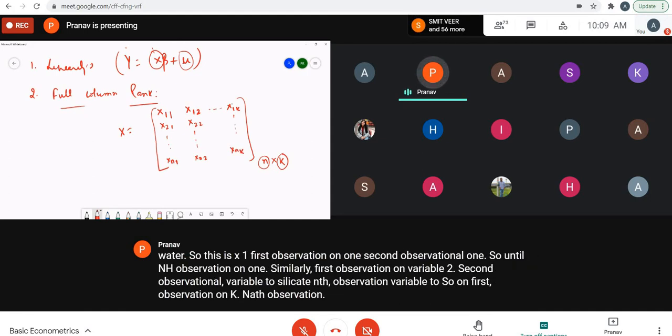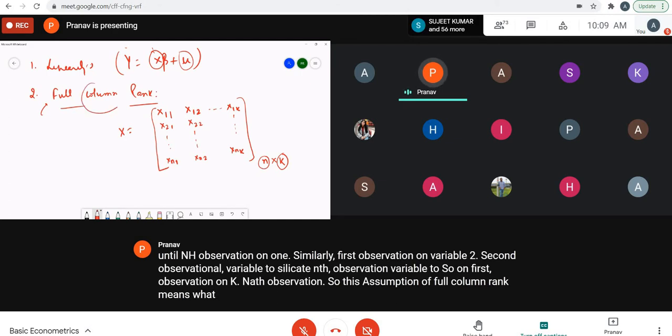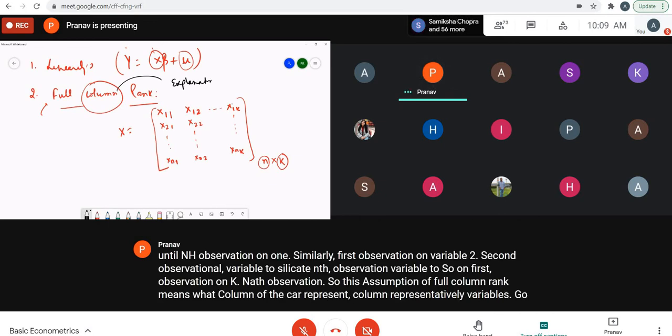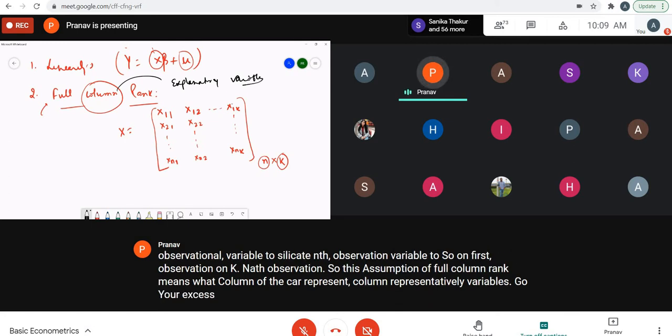So this assumption of full column rank means what? What does column represent here? Column represents explanatory variables, your x's. Full column rank means what?